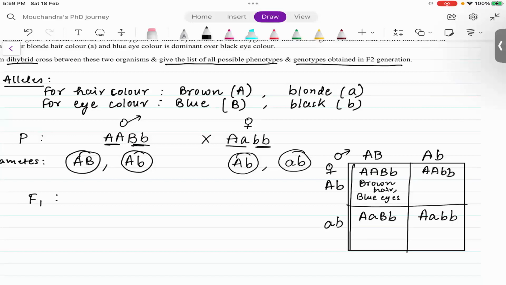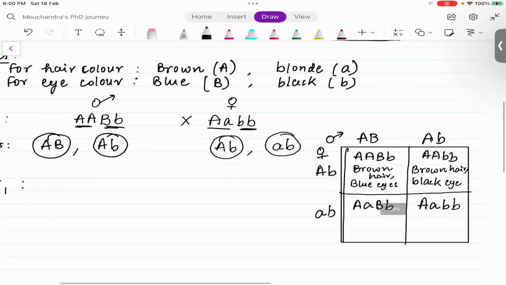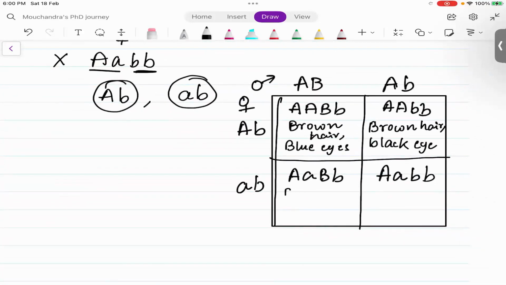Then a few progenies will have brown hair and black eyes. Then heterozygous, brown hair and blue eyes. And here a few progenies will have brown hair and black eyes.